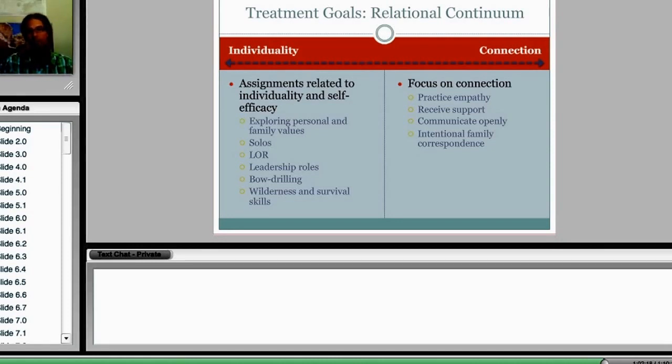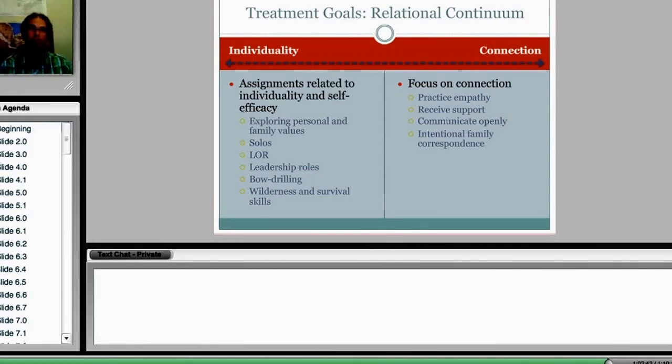Also, we want them to speak openly about what they need on an individual side, and then on the connection side, trust the relationship and begin advocating for themselves in that peer dynamic. It can be very scary for many at the beginning, and this context provides a great opportunity to do that for the first time for many of them.